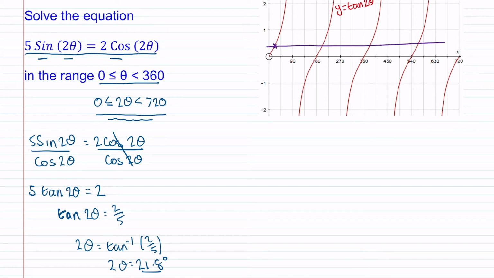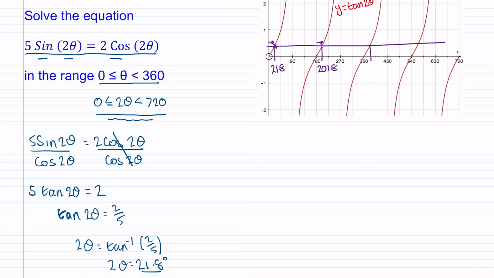You can see we have 4 solutions. The first solution is 21.8, and this is across from 0. So our second solution will be 180 plus 21.8, which is 201.8.